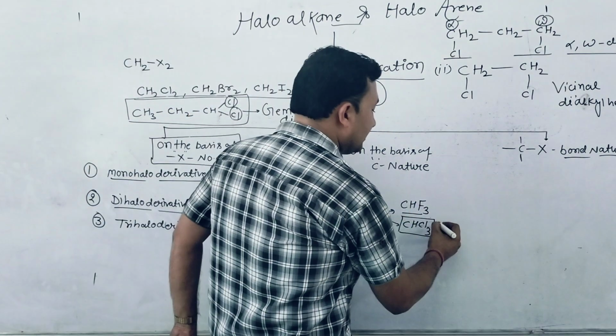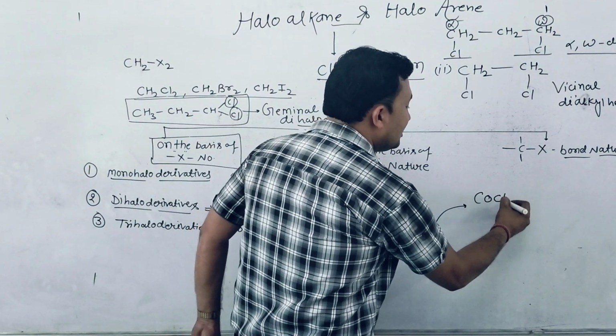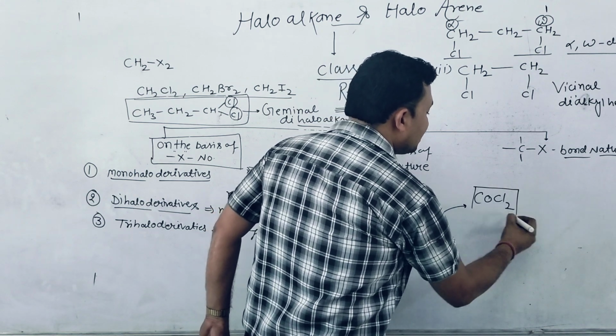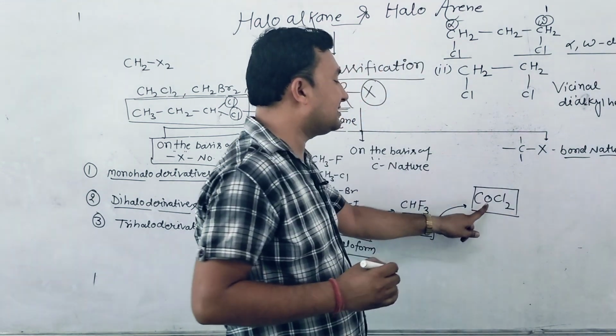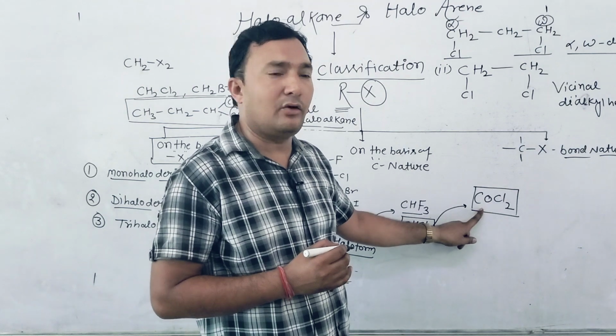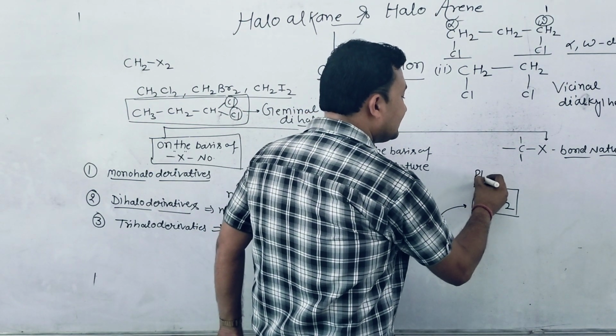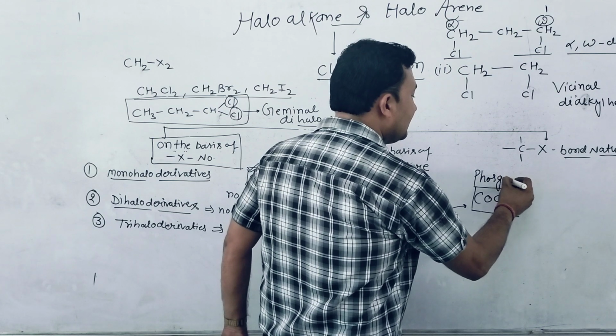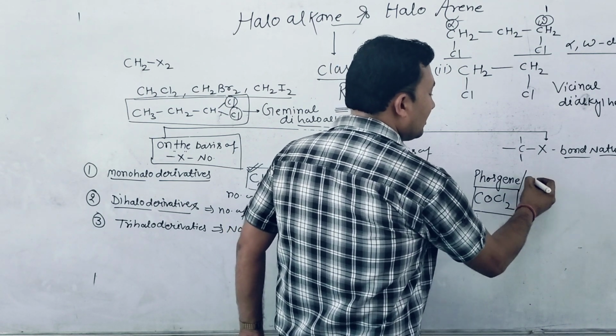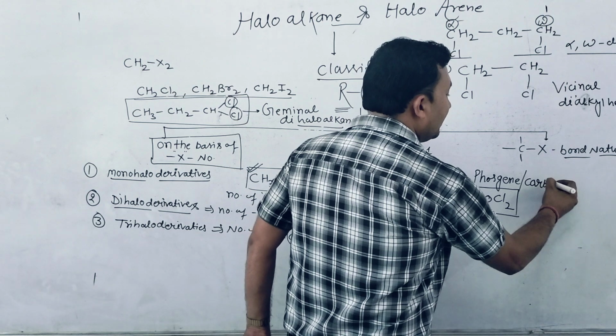The chemical formula of phosgene is COCl2. Dear students, you should know a very important fact that COCl2 is chemically called carbonyl chloride.